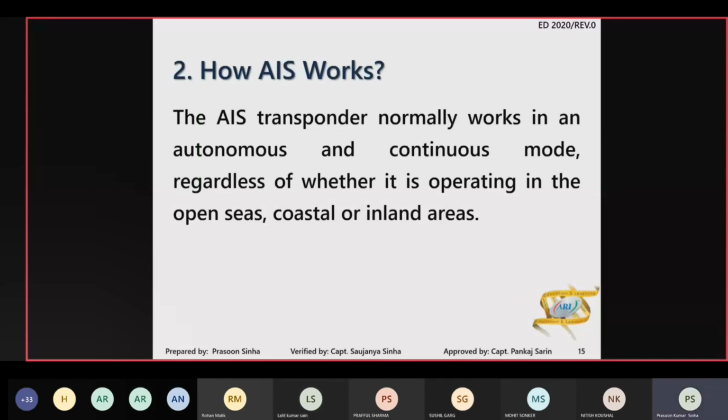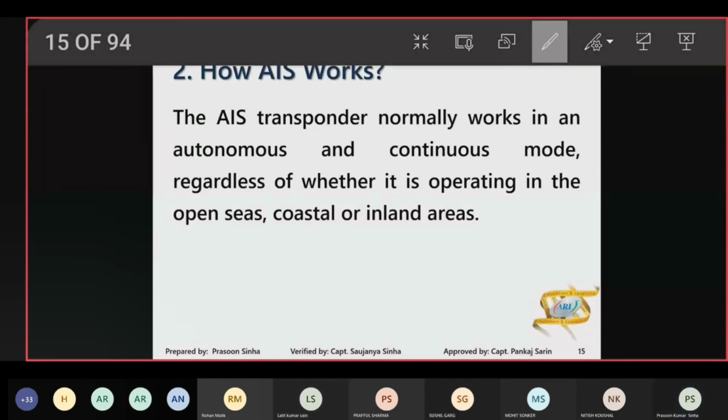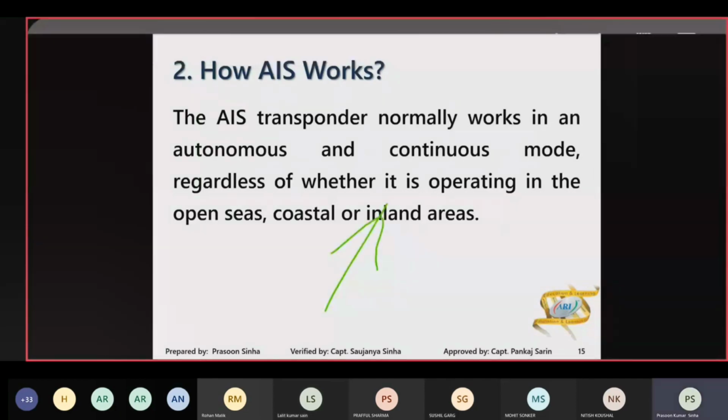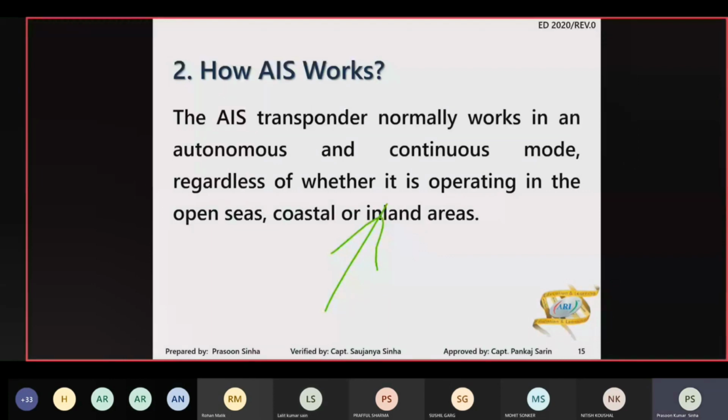When we are talking about SOTDMA, this will become more clear. As I said, SOTDMA के बारे में कि I decide my own transmission time कि अगली बार मैं कब transmit करूंगा. Every ship is able to do this. Every ship is able to decide when they want to transmit.